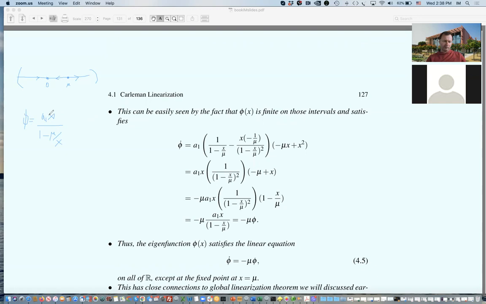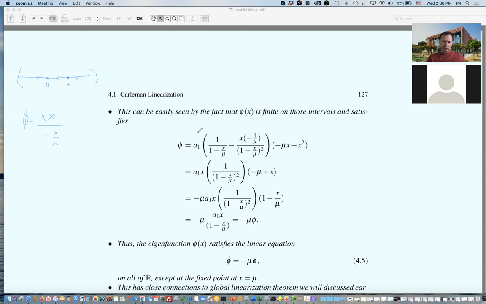First, we differentiate the numerator. That's just going to give us a1 divided by 1 minus x over mu. And I do have a typo here. I didn't mean to say mu over x. I meant to say x over mu. So 1 minus x over mu is here.